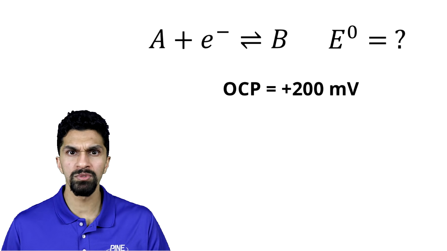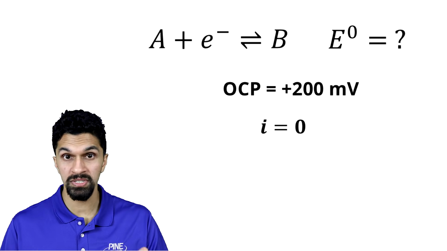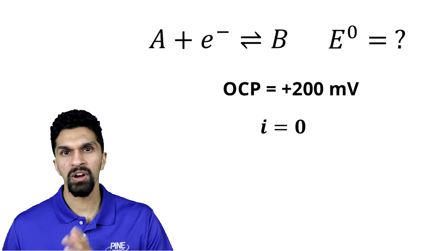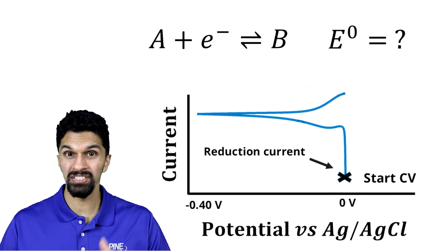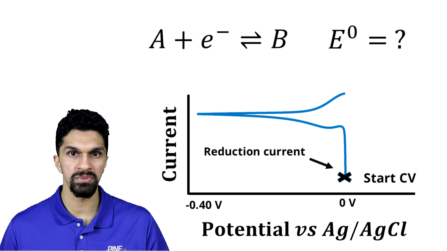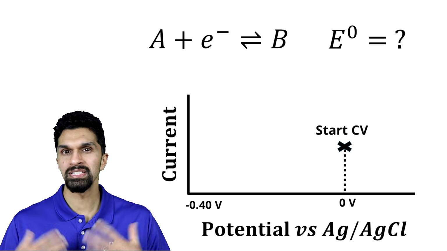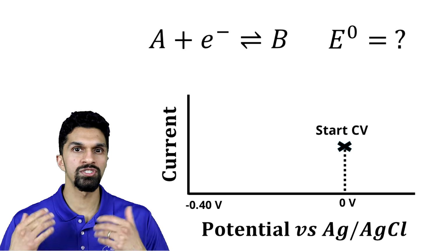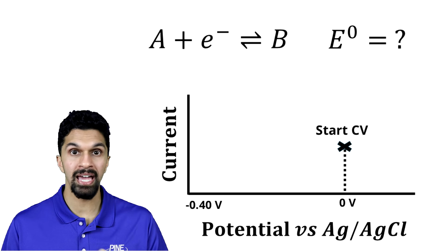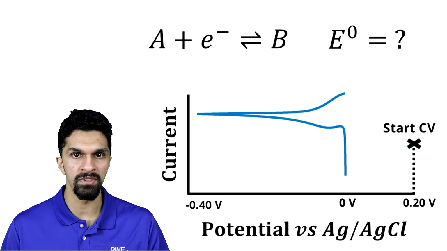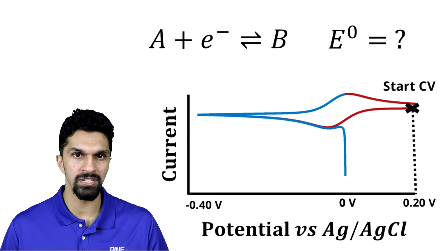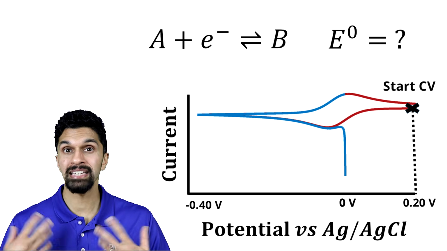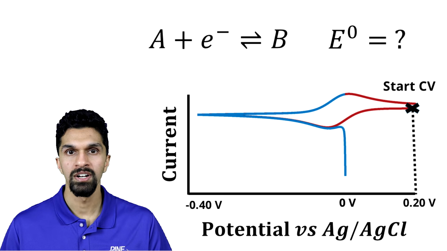Well, at positive 200 millivolts, I know that the current is equal to 0. If I were to start at 0 volts, I might already be doing the reduction reaction. So, what this tells me is that I should start my CV experiment at least 200 millivolts, maybe even a little bit more positive, and then sweep the potential negatively so that I can capture that cathodic wave of my reduction reaction.